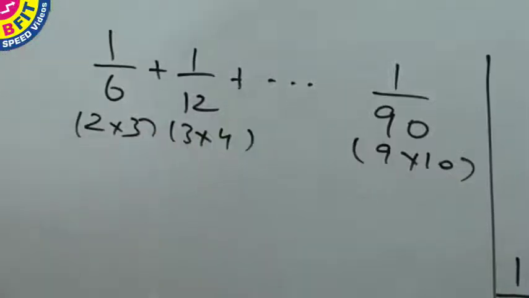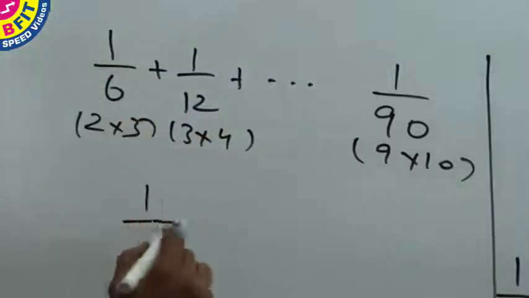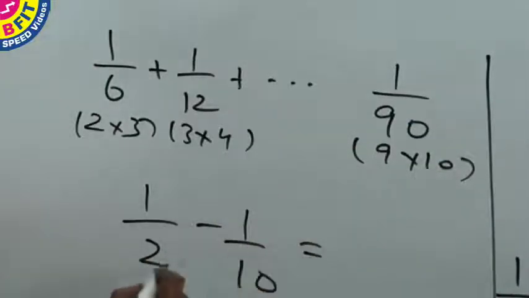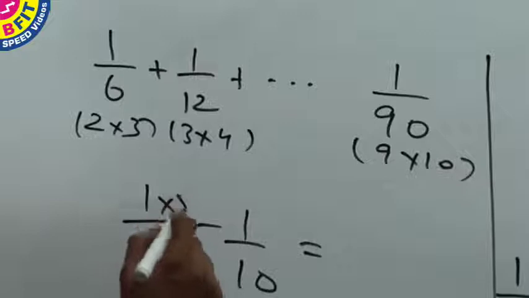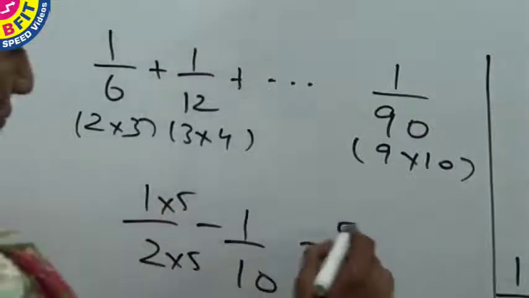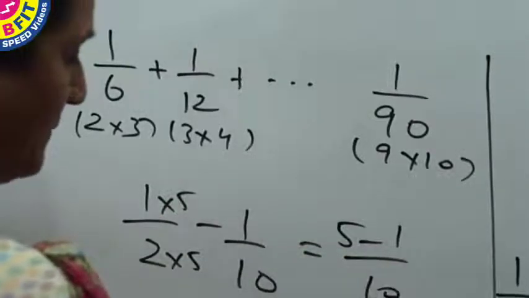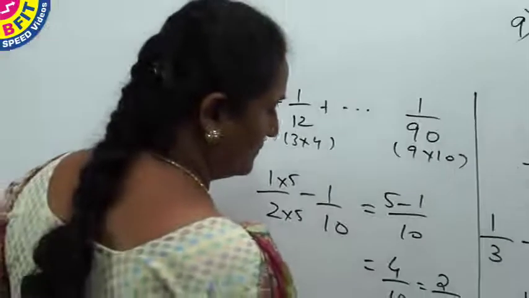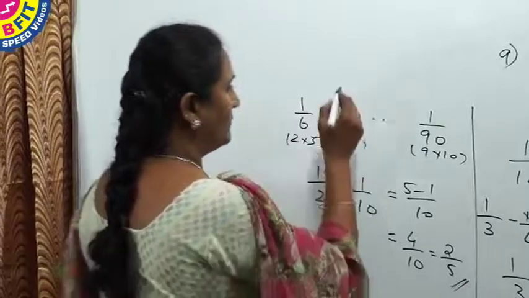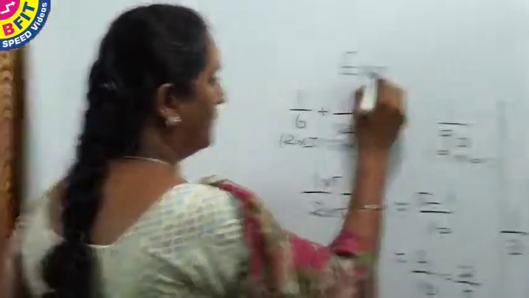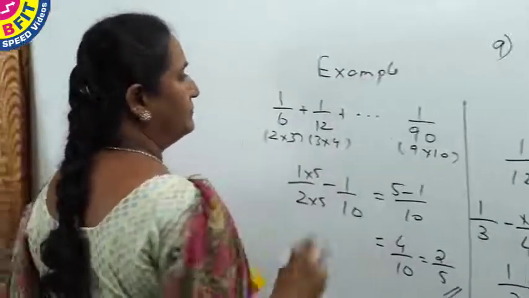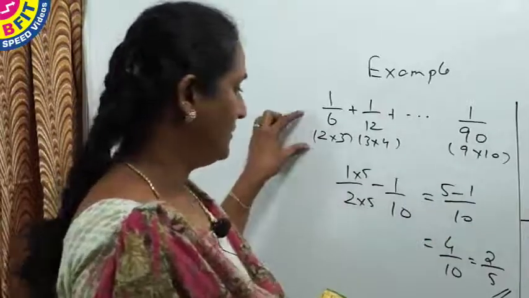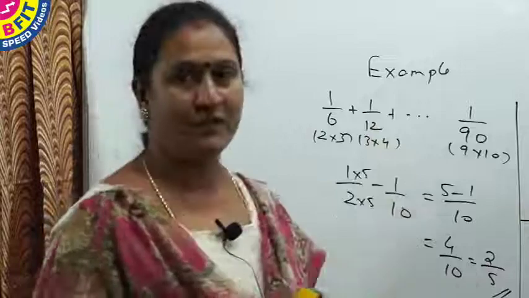So instead of doing all this, take the first fraction and the final one, and this difference will give you the sum. So it is 1 by 2 minus 1 by 10. This is another example. Instead of proceeding through all this, take the first fraction and the last, subtract, and it will give you the answer.